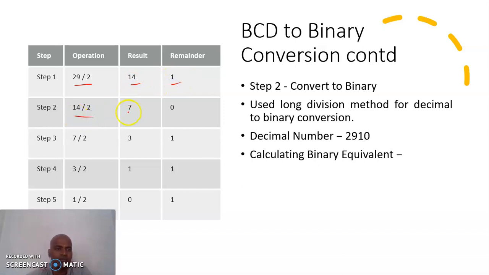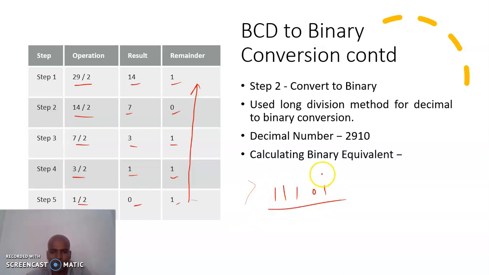Then 14 by 2, quotient is 7 and the remainder is 0. 7 by 2 is 3, remainder is 1. 3 by 2 is 1 and the remainder is 1. Then 1 by 2, quotient is 0 and the remainder is 1. Now write the remainders in reverse order, that is 11101.